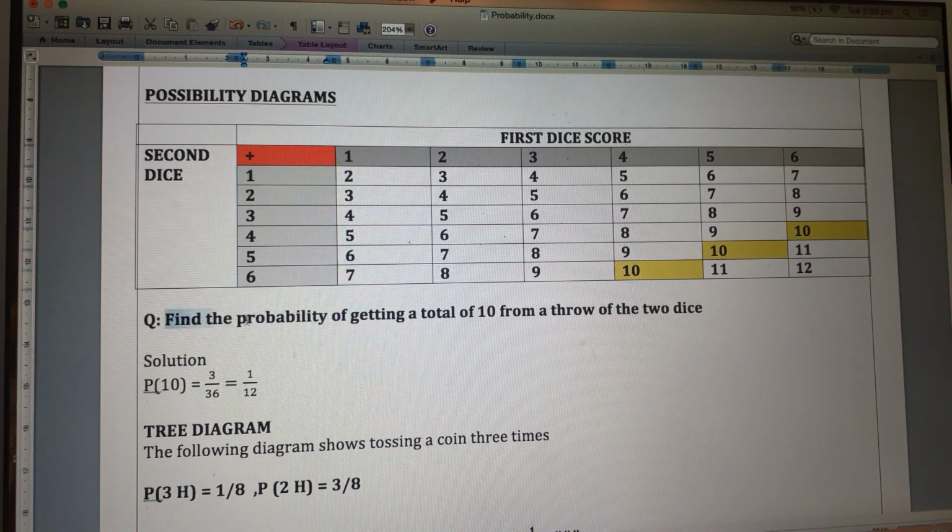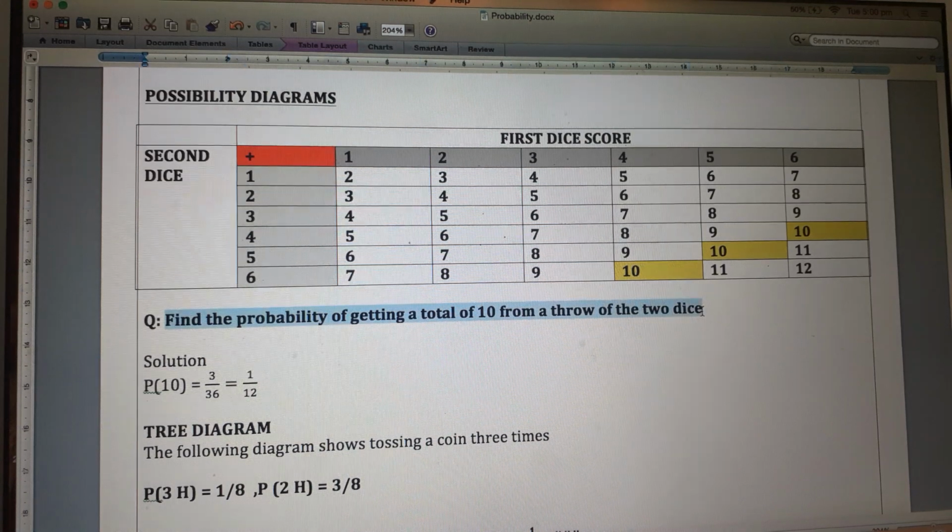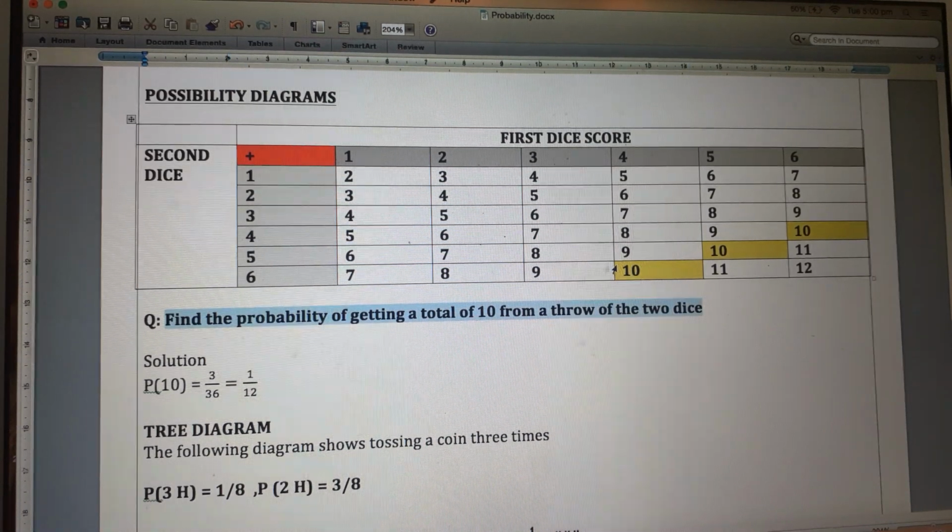So find the probability of getting a total of 10 from a throw of 2 dice. How many times will I get 10 if I throw 2 dice? Here you can see this is 10. Suppose I get 4 on one dice and 6 on the second dice, so 6 plus 4 is 10.